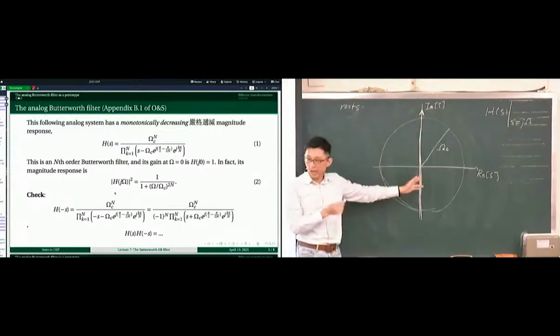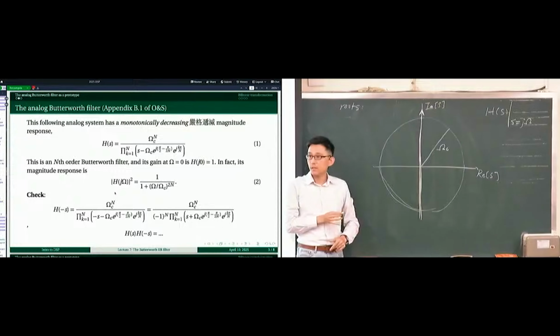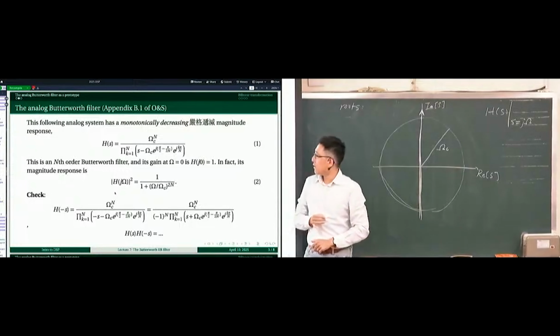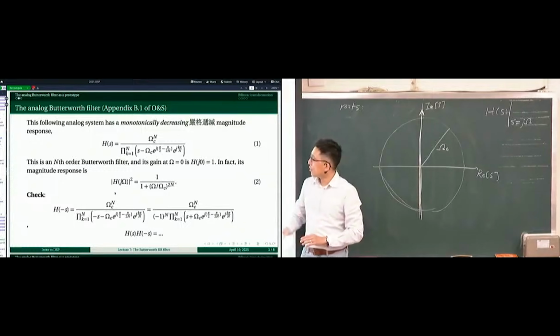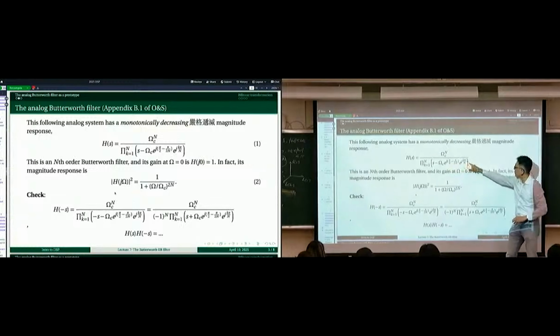This is the S plane, not the Z plane. Now all the roots are on the same circle with this radius, with different phases. When we come back, we'll show a few examples. They are all equally spaced.